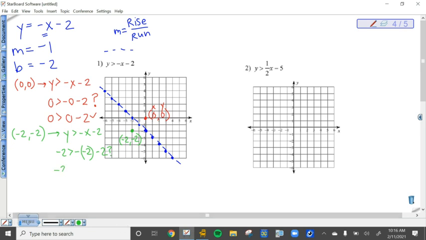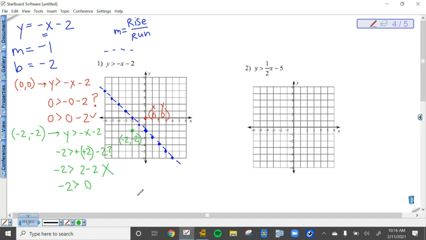Is -2 greater than, when I have that negative times that negative, that becomes positive, so that's 2 minus 2? Is -2 greater than 2 minus 2? No, that's not true. Because 2 minus 2 is 0, right? -2 is not greater than 0, it's less than 0. So this is false.